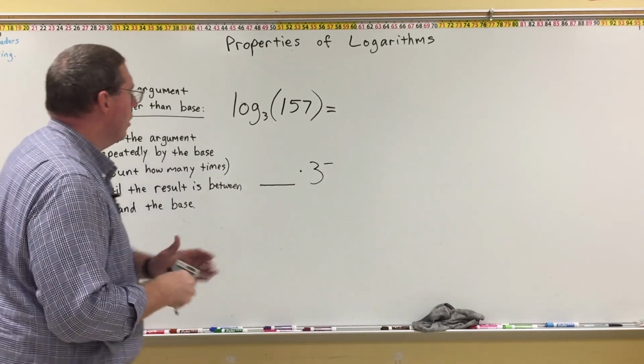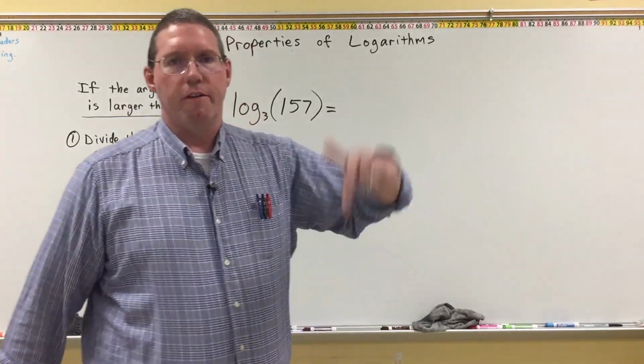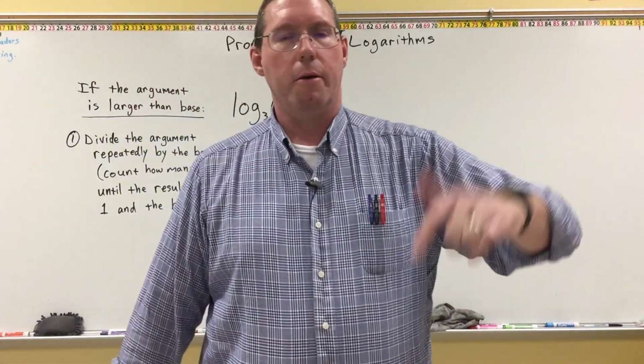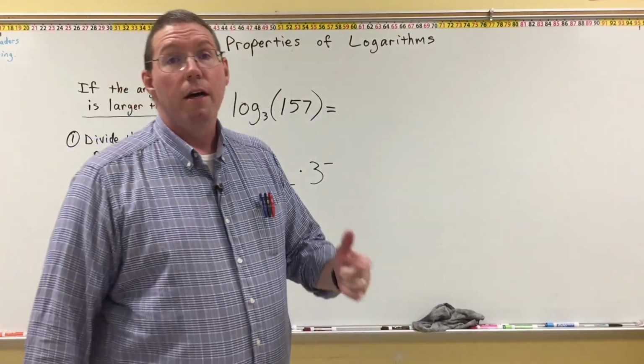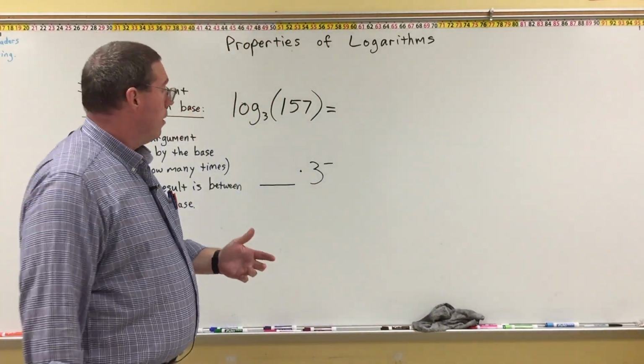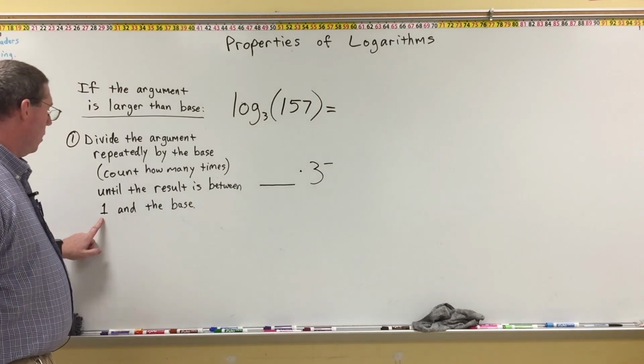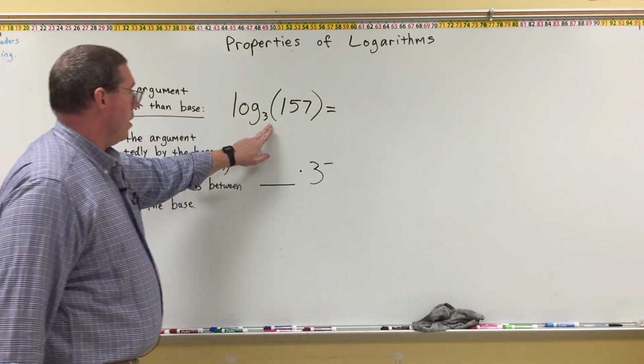So what we're going to do is take 157, divide by 3, divide by 3, divide by 3, divide by 3. We're just going to keep dividing by 3 until we get an answer that is larger than 1 but smaller than 3, okay?